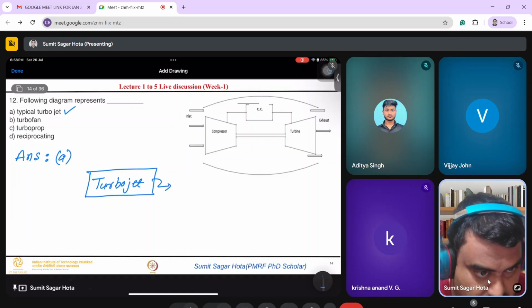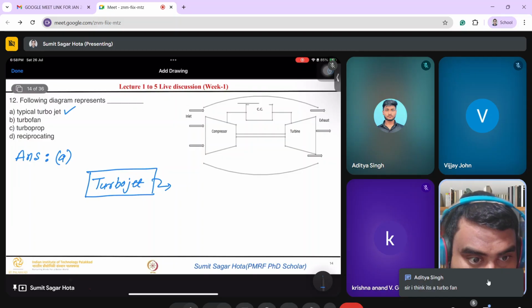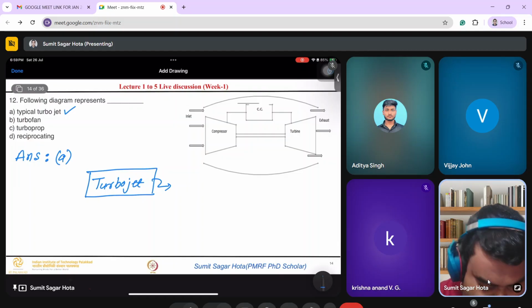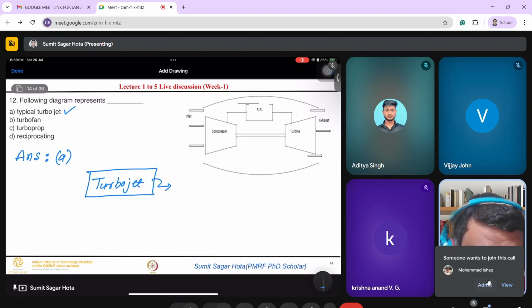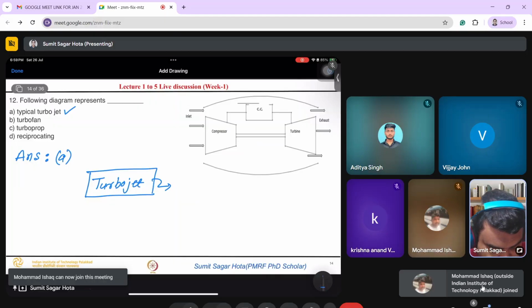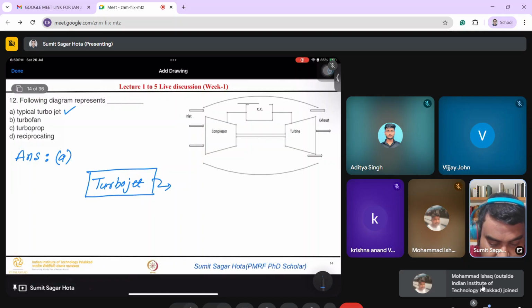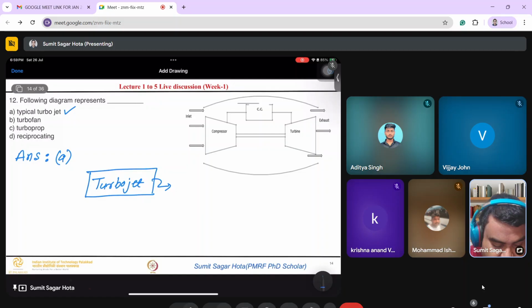Turbofan, but there is no fan structure here, right? If only a turbine exists, we just call it a turbojet, or more specifically a typical turbojet.